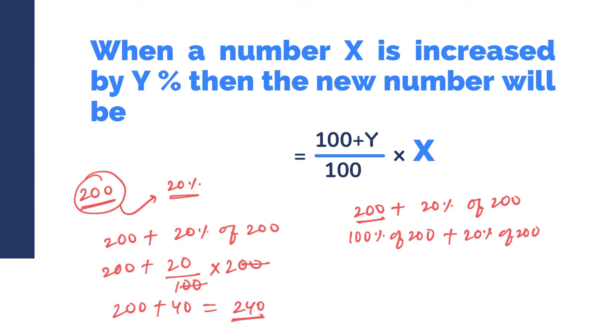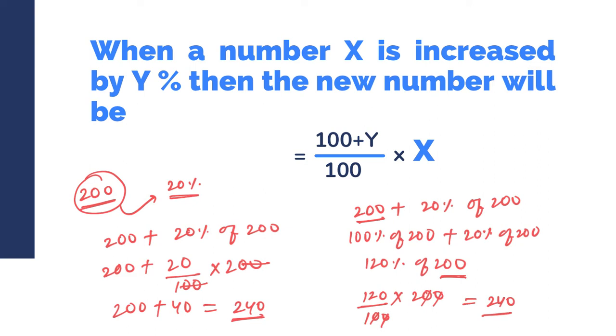So I can say that is 120 percentage of 200, because when I add 100 percentage of 200 and 20 percentage of 200, the total is 120 percentage of 200. Now when I calculate 120 percentage of 200, it is 120 into 200. When I drop the percentage symbol, I put 100 downside, 0 and 0 cancel, 120 multiplied by 2, so I get 240.